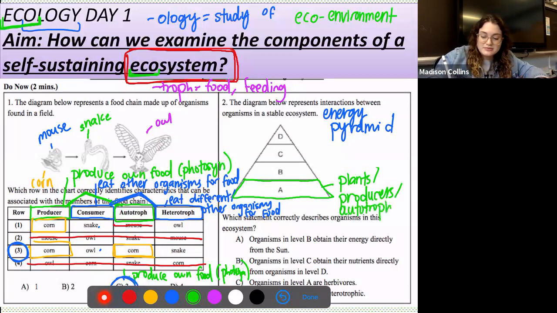All of those words mean the same thing. So producers, autotrophs are examples of plants. But then the rest of those 3 rows are all going to be different types of consumers or heterotrophs.